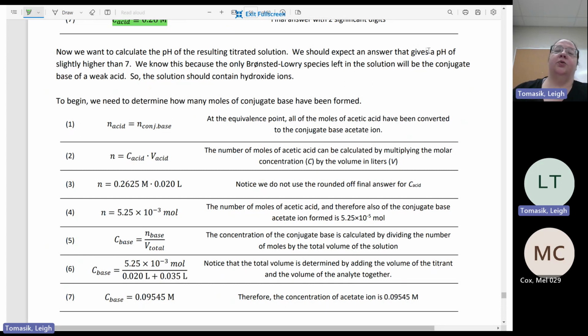They're equally as strong. But here we have a weak acid and a strong base, so we should expect that the equivalence point is at a higher pH. It's going to be slightly basic. So we should expect an answer that gives a pH of slightly higher than 7.